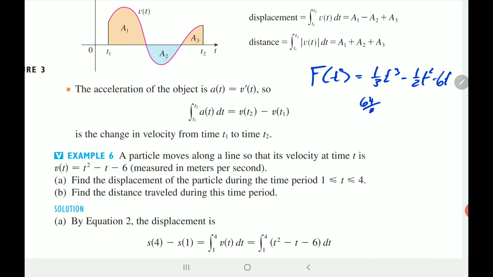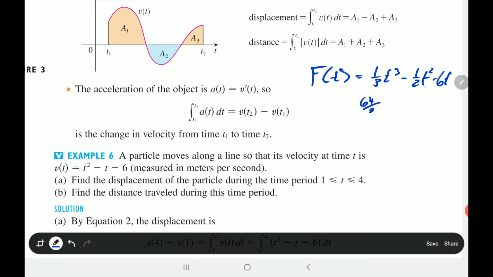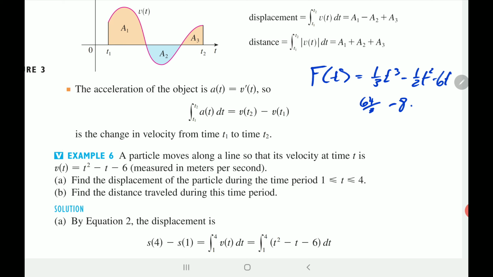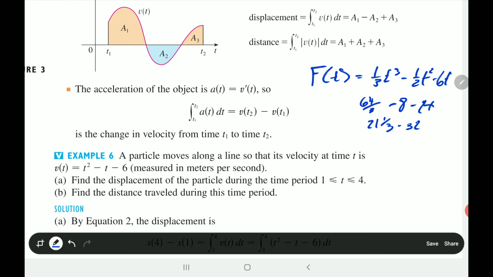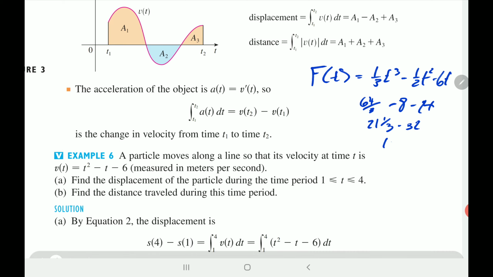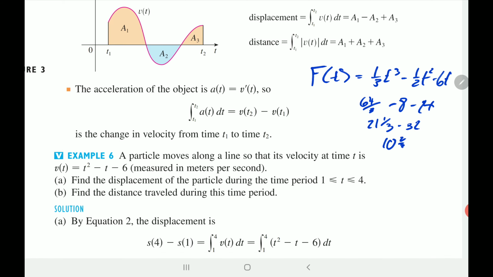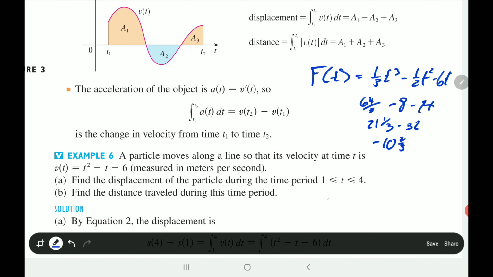That's the same. But instead of plus 8, it's minus 8 minus 24. So I end up with 21 1/3 minus 32. And that is negative 10 2/3.